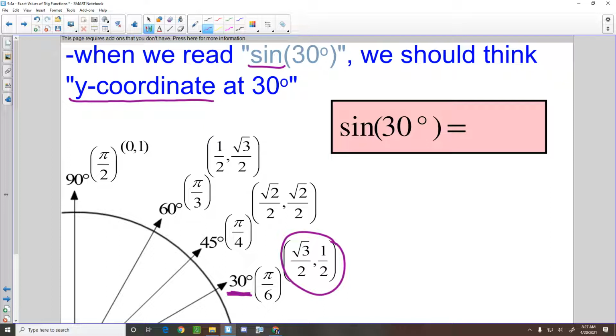It's just 1/2. You can see right there, you just take the y-coordinate at 30 degrees. So if you have the unit circle, we just look right there and boom, there's your answer. Sine of 30 is 1/2. No calculator necessary. It's awesome. It is exactly 1/2 or 0.5, but the fractions are just fine themselves.